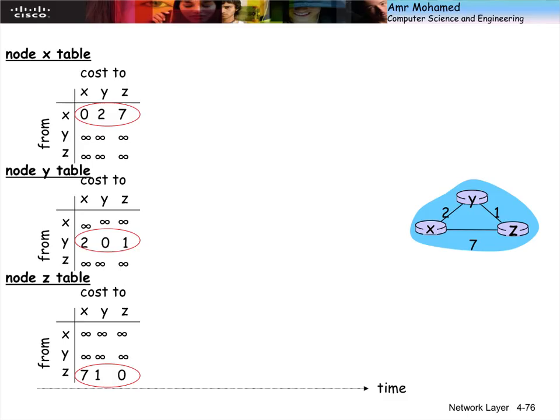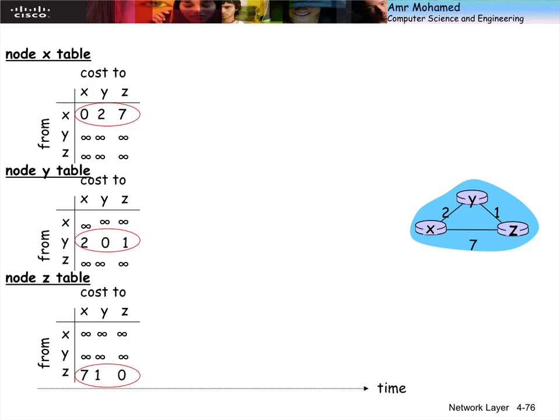systematic. Any node like X, so this is the table in X. X maintains its own partial view. Its own partial view contains the cost to the neighboring nodes and the distances that are reported from the neighboring nodes to any destination, okay? So X has, of course, the cost to itself, which is 0.